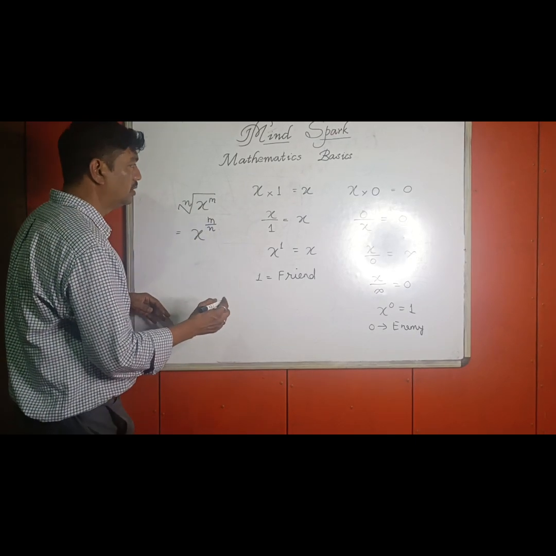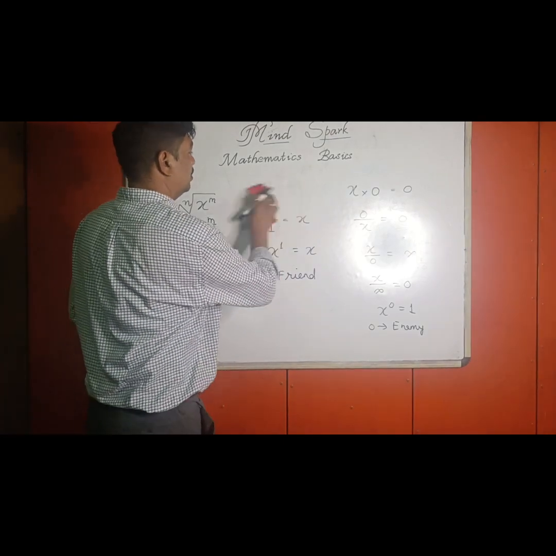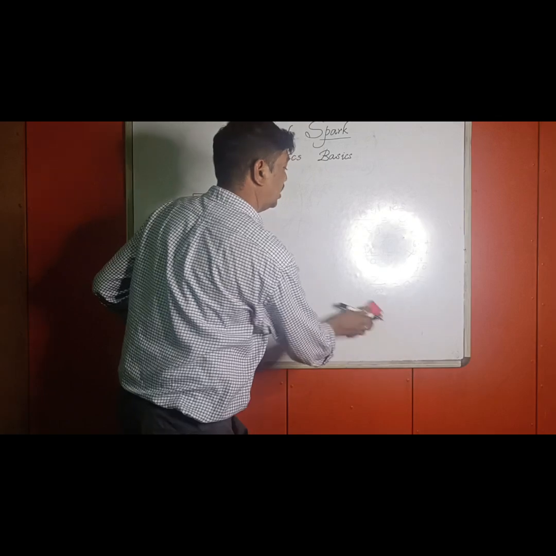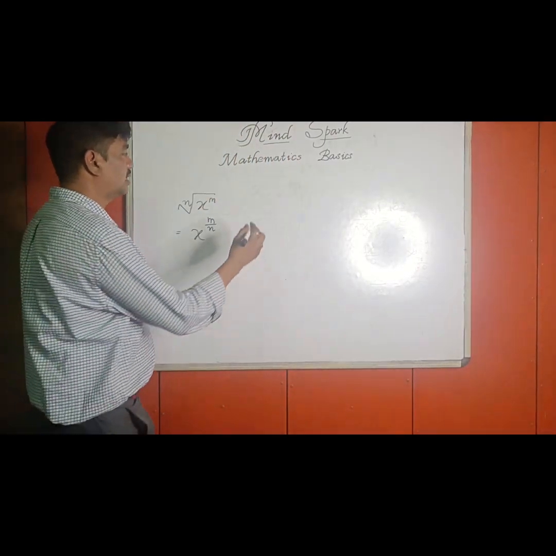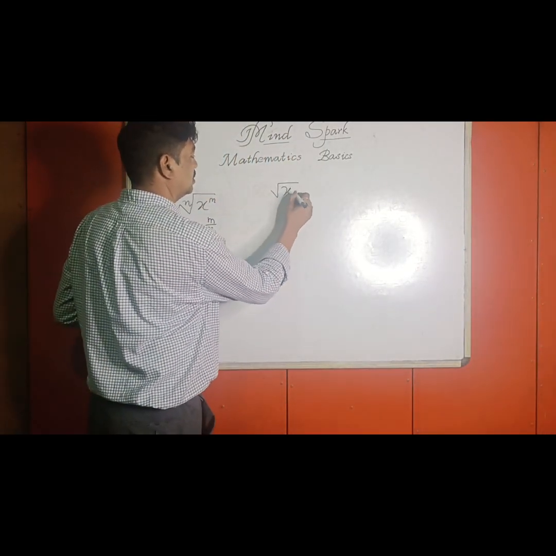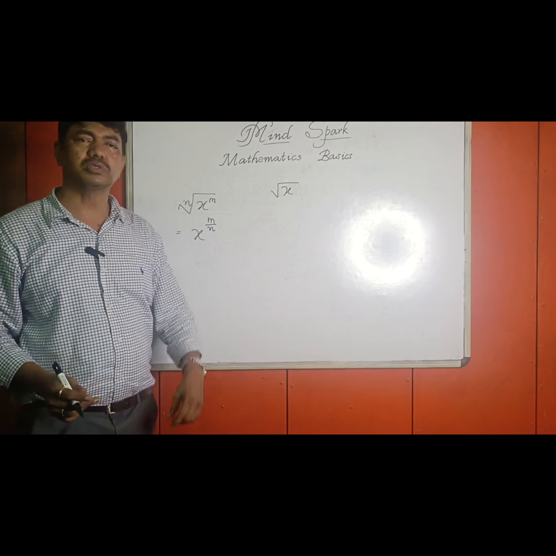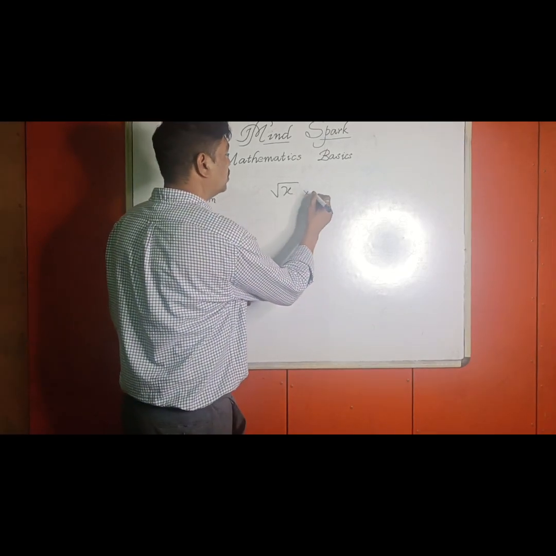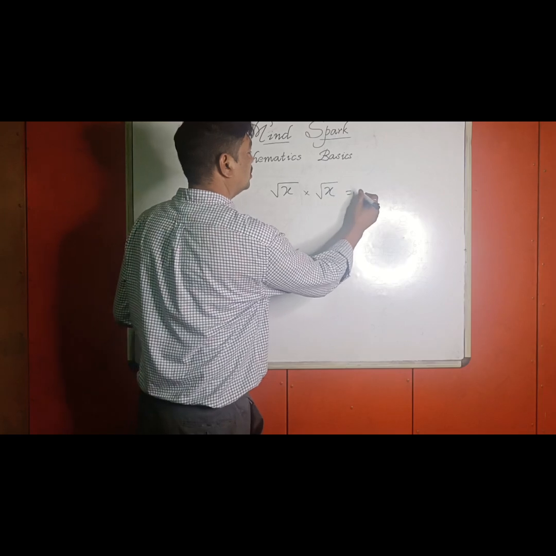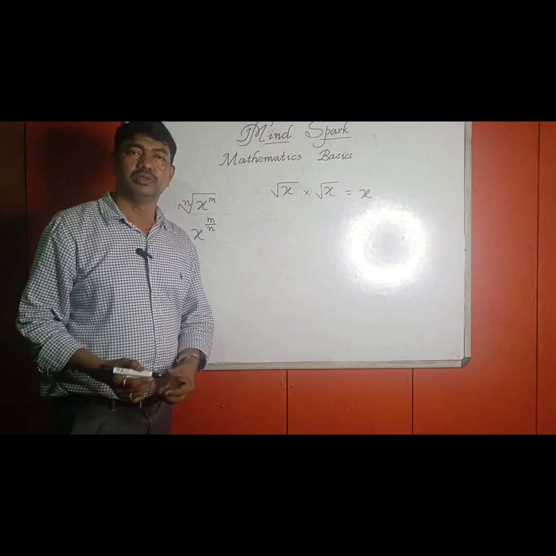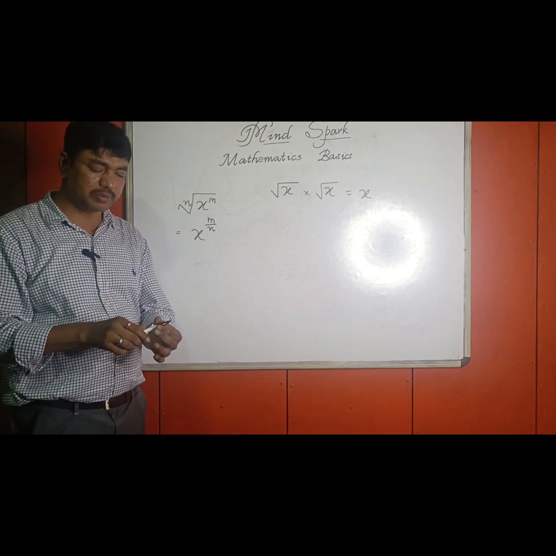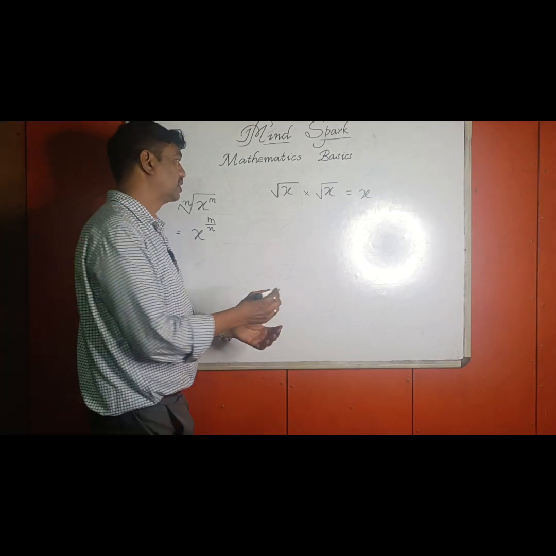For example, if you take root of x, most children or most teachers teach just that root of x into root of x is equal to x itself. Further detail is a must, because there will be many doubts for children.